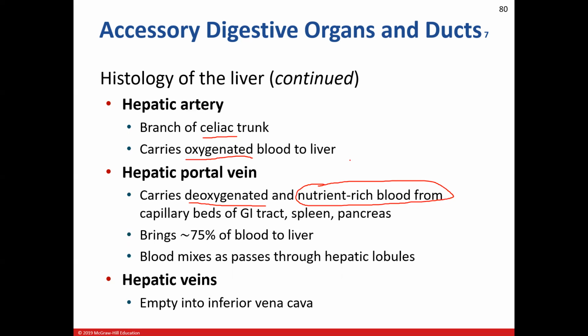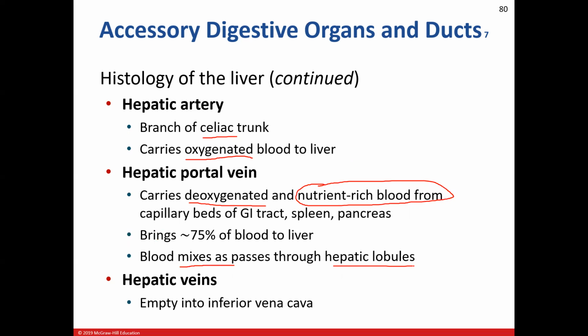So the hepatic portal vein is going to travel into the liver, and it's going to mix blood with all of the hepatic lobules, because you're not only getting blood from the hepatic artery, which is oxygenated blood, now we're going to mix that blood with the hepatic portal vein.